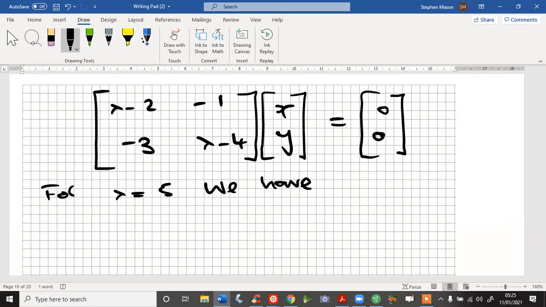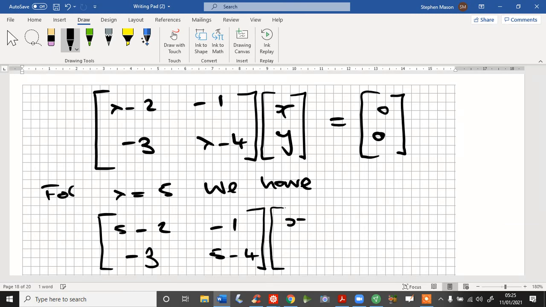Yep. We have 5 -2, -1, -3, and 5 -4, multiplied by the vector x, y, and that's equal to 0 and 0.